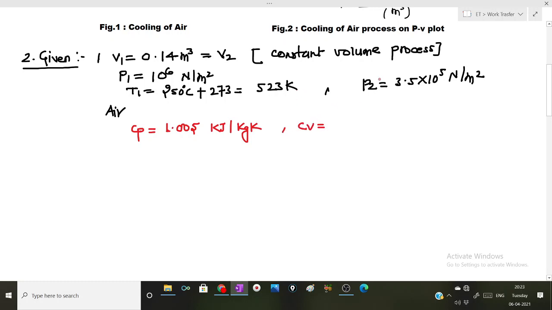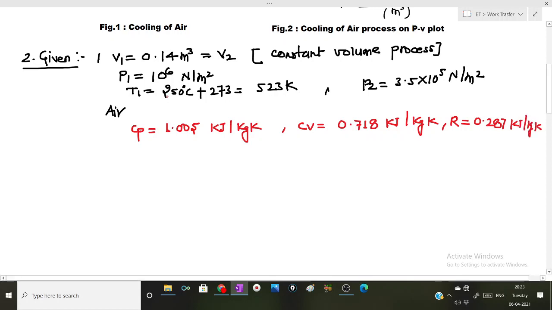Cv value is 0.718 kilojoule per kg Kelvin, and R value is 0.287 kilojoule per kg Kelvin.